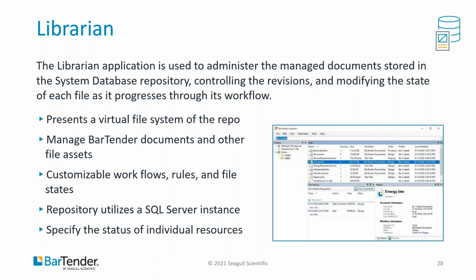The Librarian application presents, as you see in the screenshot, kind of like Windows Explorer, a virtualized file system of the repository that you can navigate through. Individual BarTender documents and file assets can be stored and managed in Librarian. So again, in the screenshot, you see BTW files, but also text files, perhaps images, whatever else can be stored in Librarian. You can set up customized workflows and rules and file states, etc.